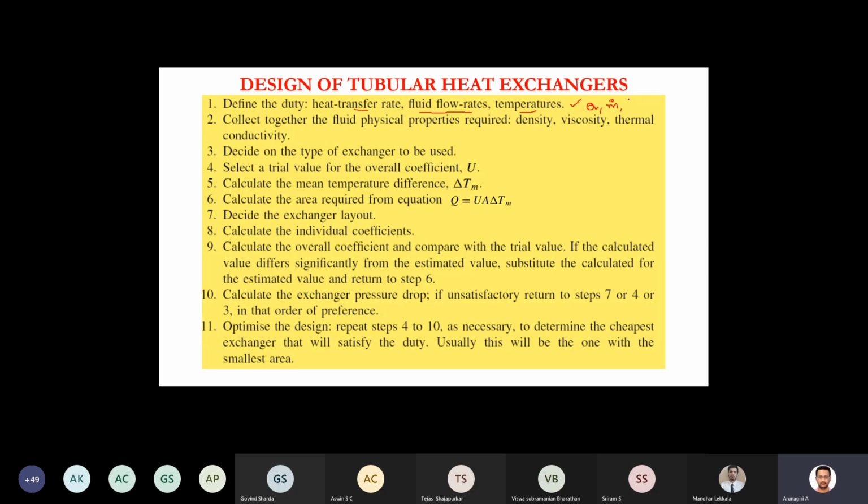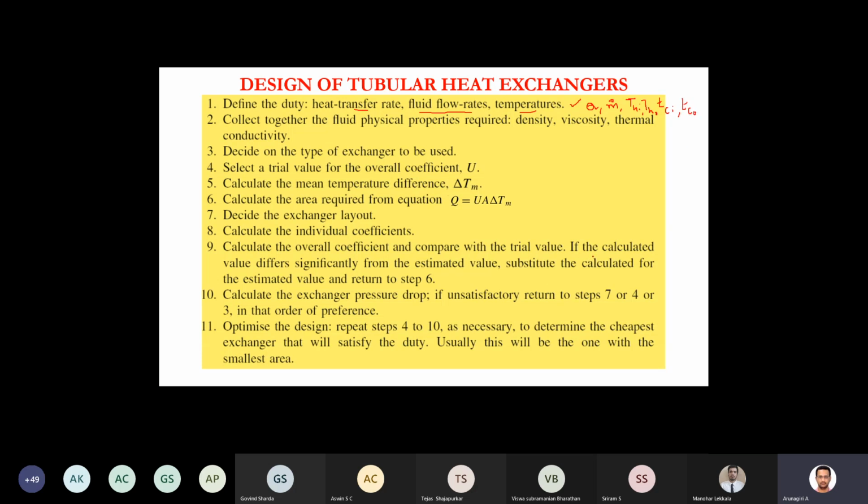Then we have to define temperatures. Capital T is normally used to represent the temperature of the hot fluid, and small t is used to represent the temperature of the cold fluid. Here you have THI, that is hot fluid in, then THO, that is hot fluid out, then TCI and TCO.